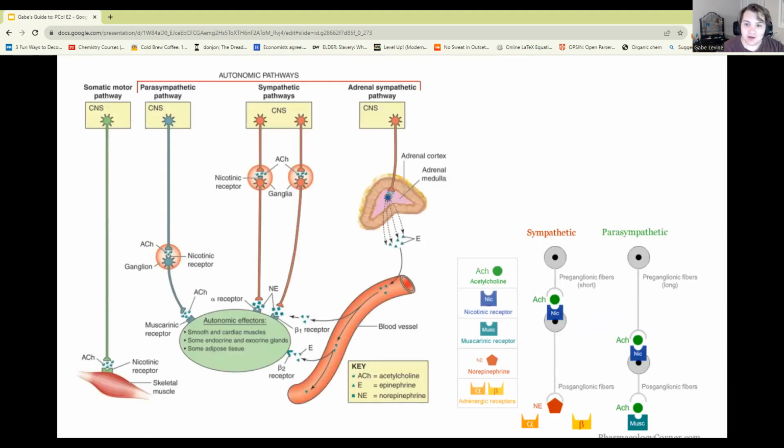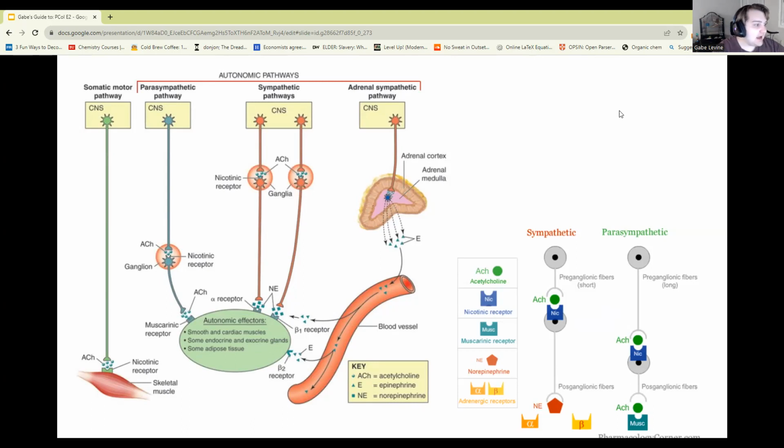All right. So when we talk about the nervous system, where we always have to start is understanding what kind of receptors we are dealing with. And this is what really lends itself to the biggest confusion point, I think, in the second exam: where are all these receptors?